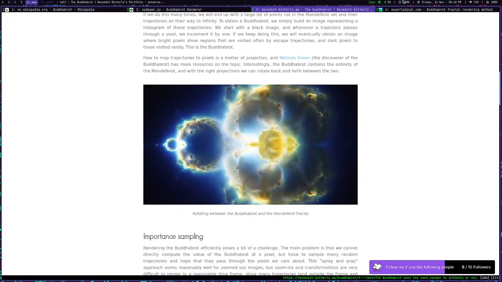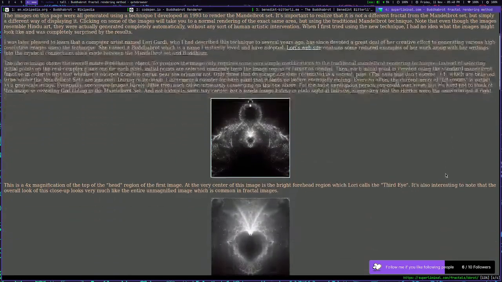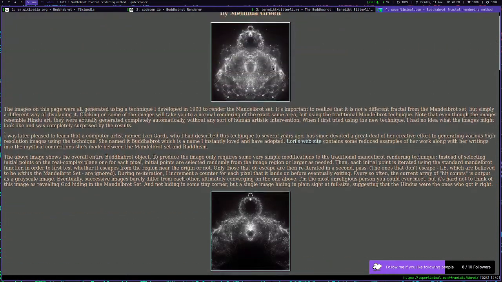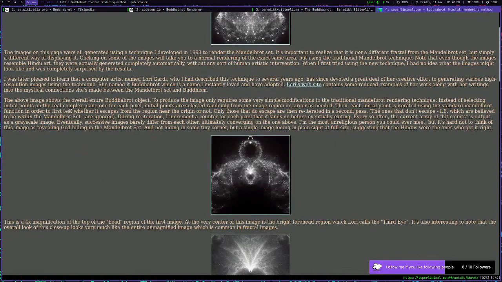Okay, let's do some reading. I found this, but I don't see anything technical on it. I think this is the person who invented this technique, like discovered it. And it's basically the Mandelbrot set, but drawing it slightly different.